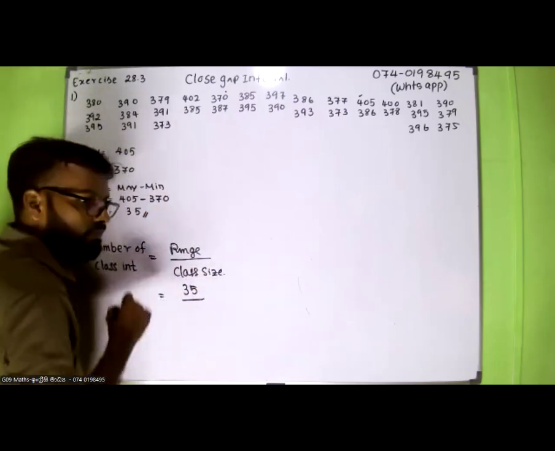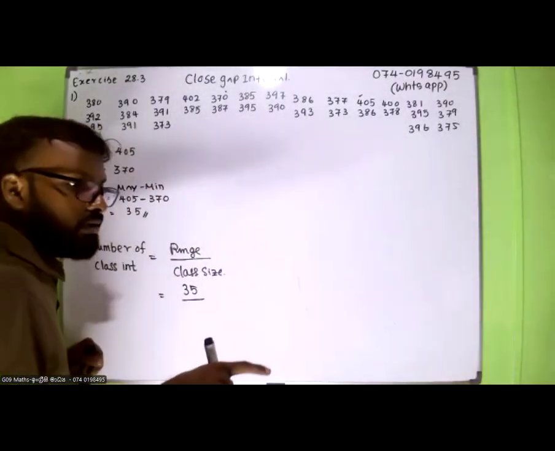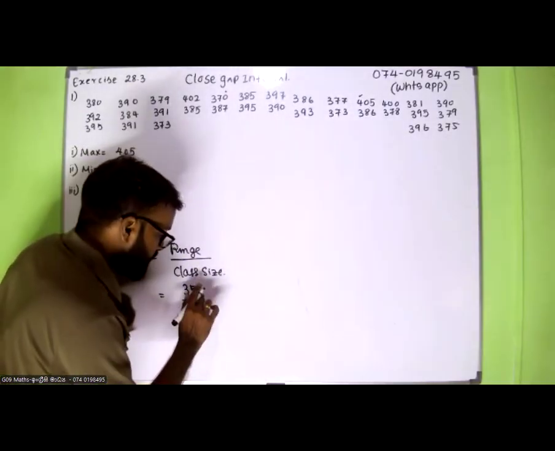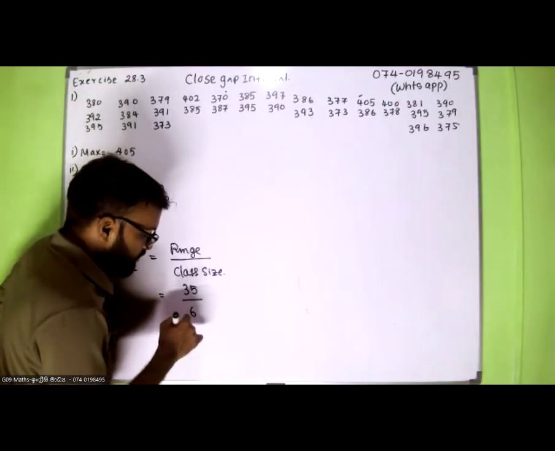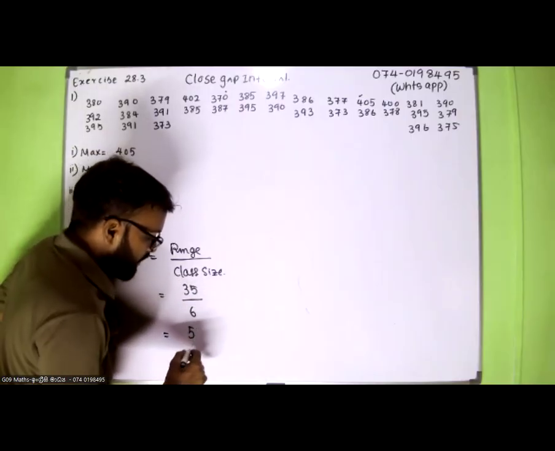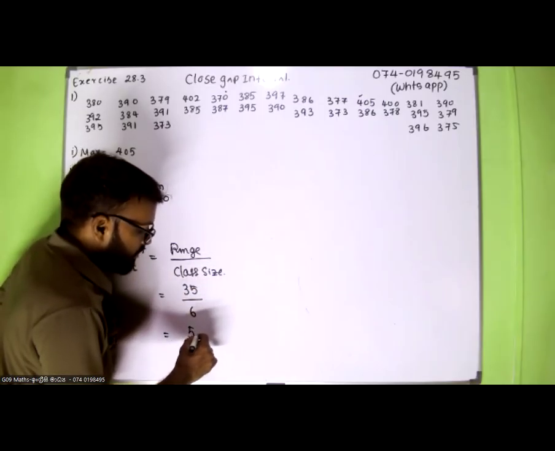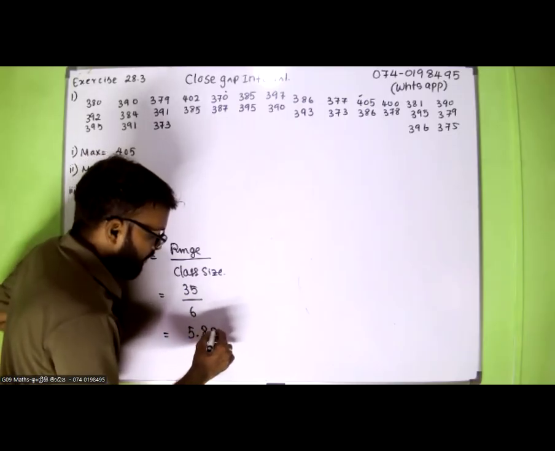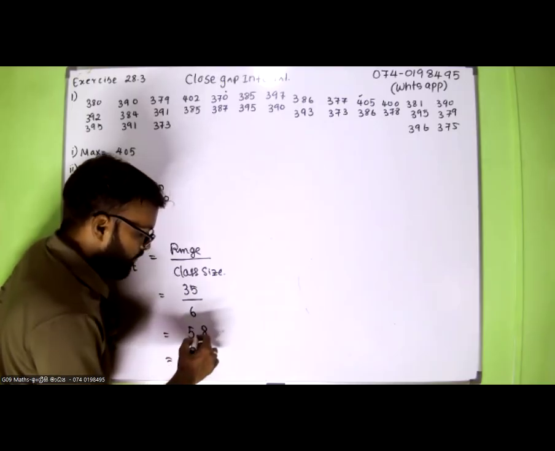Class size is 6. So 35 divided by 6. 6 times 5 is 30, 6 times 8 is 48, so it is 5.8.